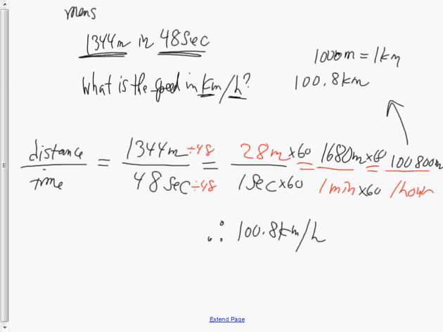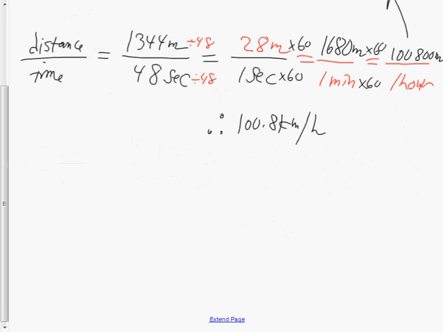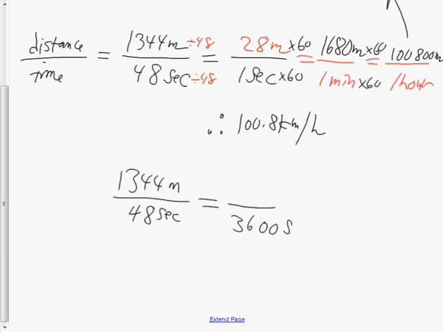But let's take a look at that and see if we can solve it using a different method. If I start with my original rate, I know that there are 3,600 seconds in 1 hour, and all I want to know is how long is that distance.